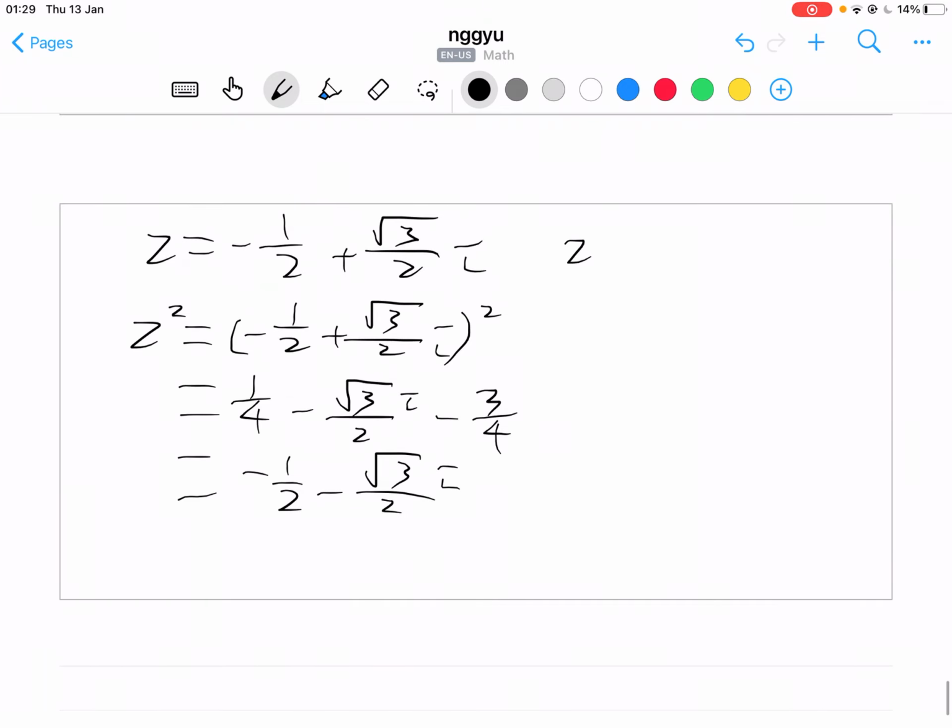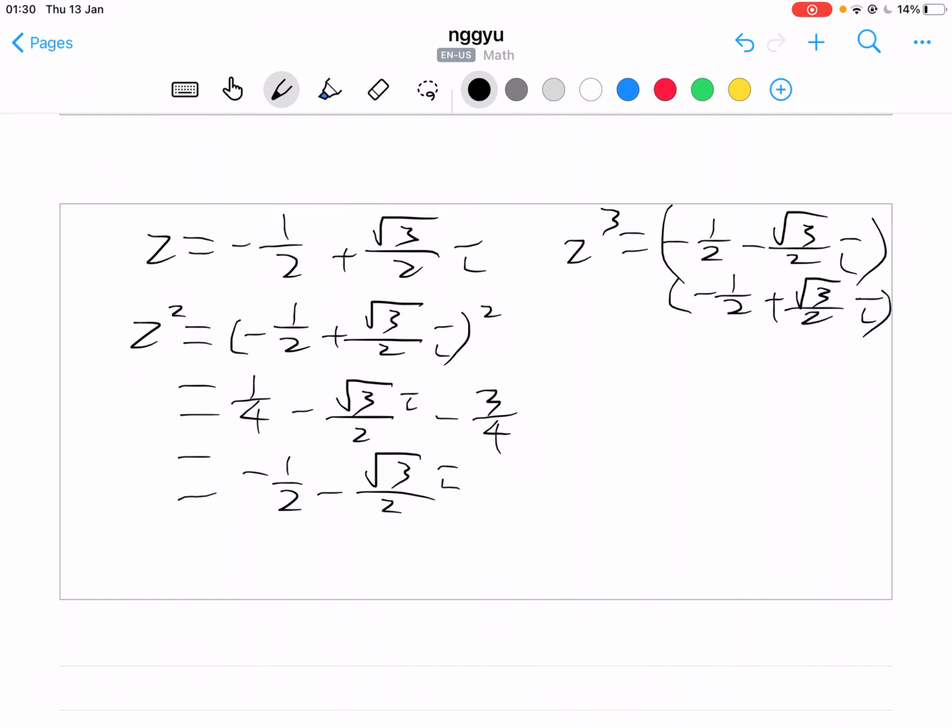Okay, z cubed is (-1/2 minus √3/2 i) times z, which is -1/2 plus √3/2 i.